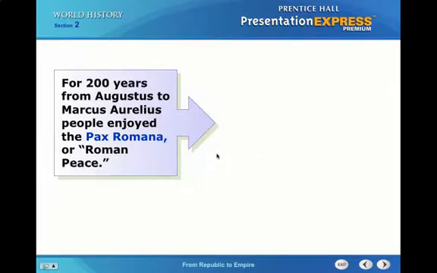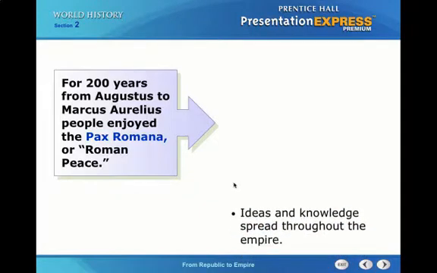So no one really knows what's going on. There's a period of time where in like a 16-month period, there's 40 or 50 different emperors. It's just craziness. So despite that, from Augustus to Marcus Aurelius, there's this period of Roman peace, the Pax Romana.